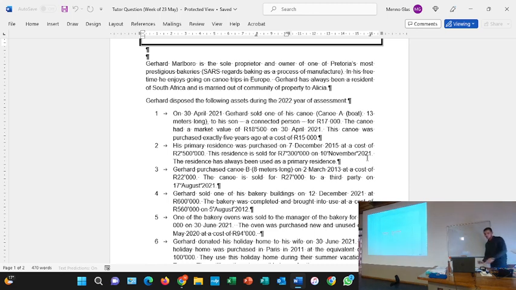What's our proceeds taking into account for our recoupment? Ja, limited to? 560, isn't it? To the base cost. So your proceeds limited to your base cost would be 560.